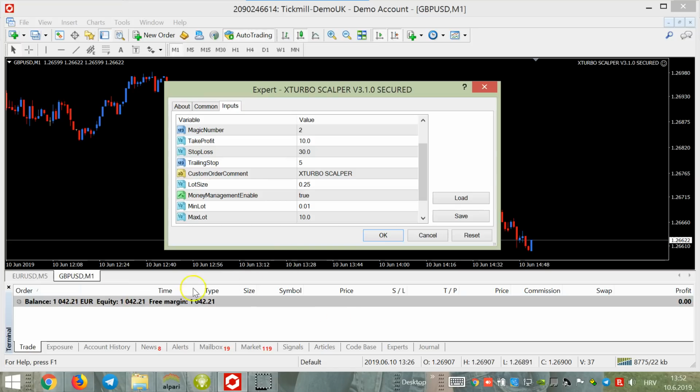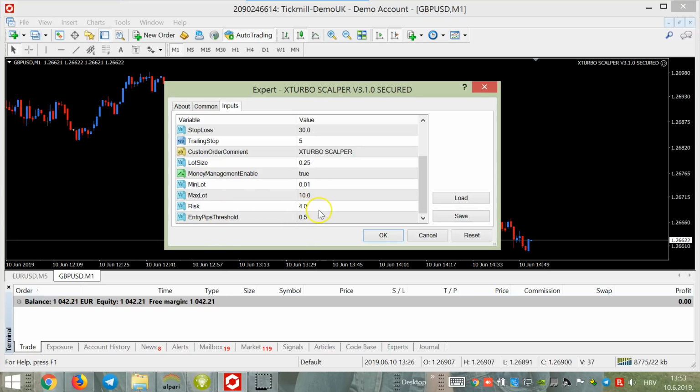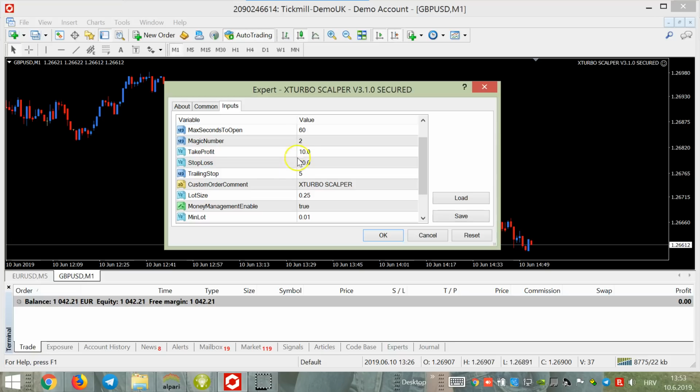There is no increasing. So you have two ways: fixed lot size, or risk percentage, which depends on balance. Of course, it also depends on take profit and stop loss level, which you also can change here, but I do not recommend it.